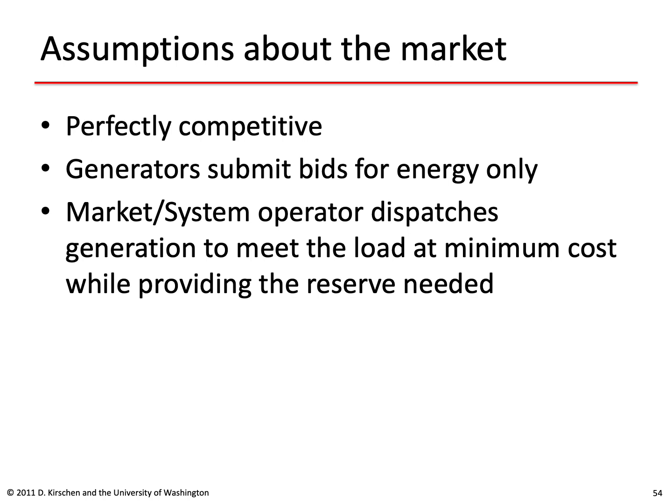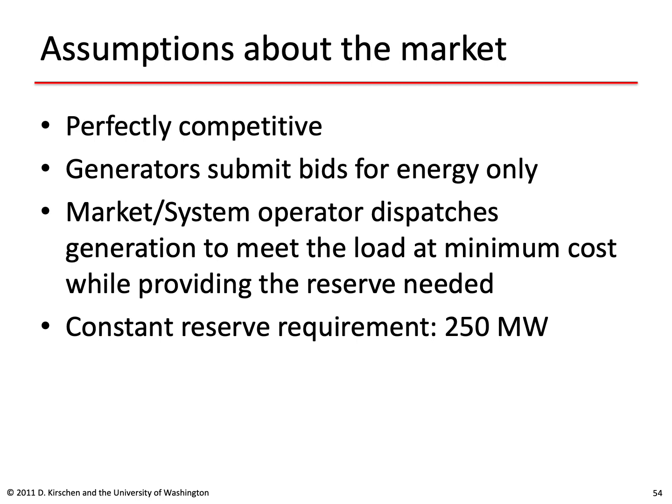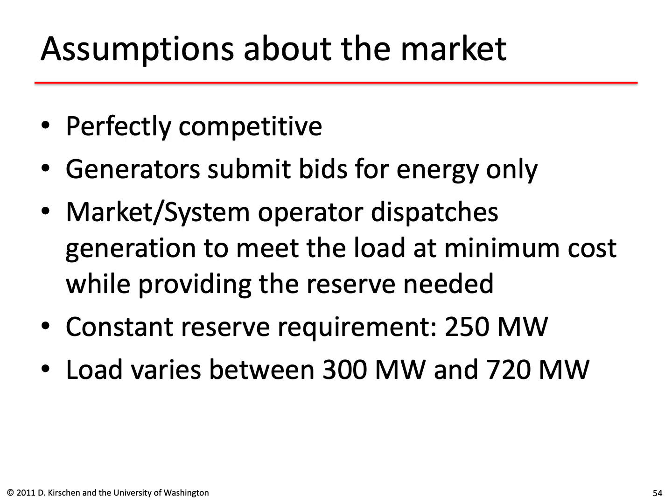And we will assume that the market operator or system operator dispatches generation to meet the load at minimum cost while providing the reserve needed. This reserve requirement is assumed to be constant and equal to 250 megawatts, and we will consider how this can be done as the load varies between a minimum of 300 megawatts and a maximum of 720 megawatts.